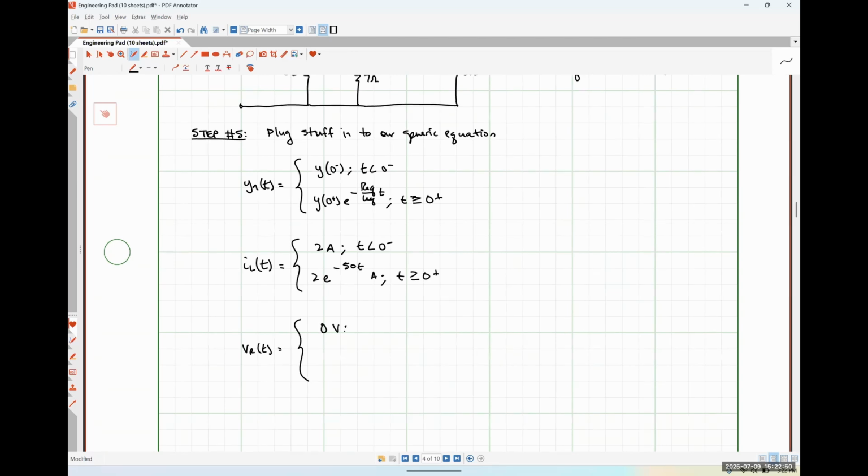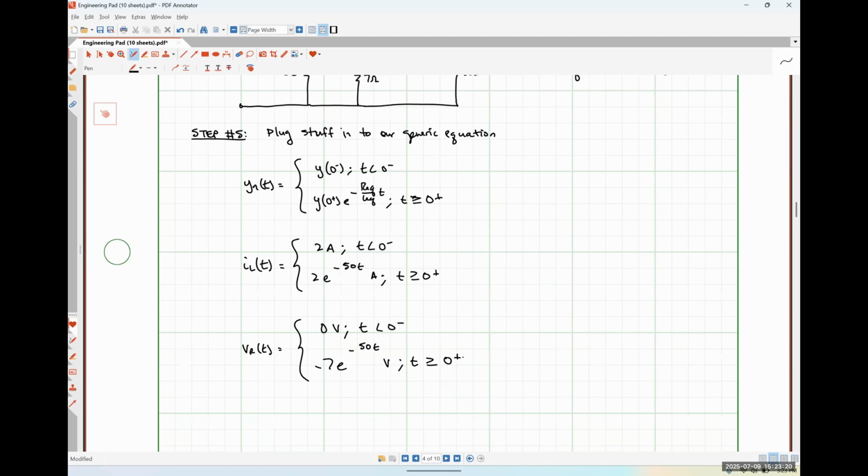So we have 0 volts for t less than 0 minus. What was the voltage drop across our resistor at t is equal to 0 plus? -7. So -7 e to the negative 50t, since REQ over LEQ is still 50, so -7e^(-50t) volts for t greater than or equal to 0 plus. And we are done.